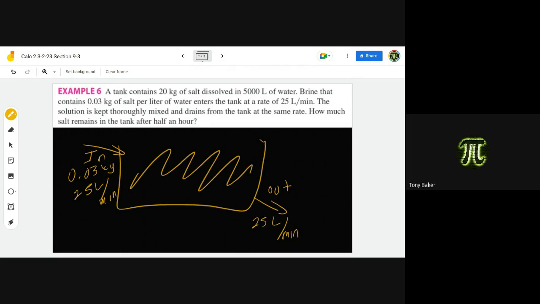And actually, if you want to do a quick little thing, if we did 0.03 times 5,000, oh, actually, never mind. That doesn't work that way.